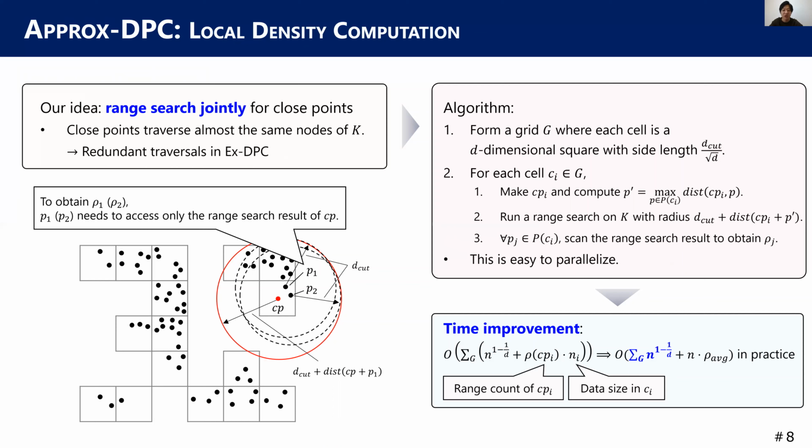This grid structure can reduce the number of range searches on the KD tree, and it is no more n times. The theoretical time of this approach is sensitive to the output size of the range search with the extended radius. But if we put a reasonable assumption, this approach improves the time of local density computation against that of Ex-DPC.